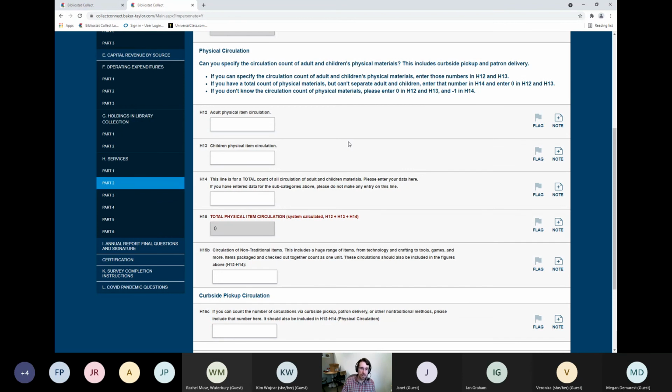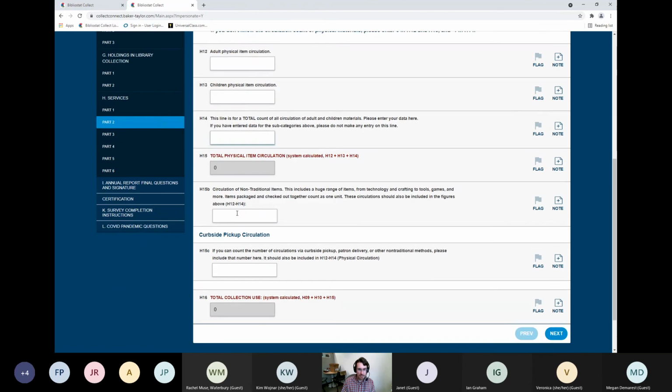This first number should include non-traditional items, and then there is a separate question down here that breaks out circulation for non-traditional items. So it's okay, you're not double counting. You want to put them both places. So if your muffin pans went out 10 times, you want that here in H15B, and then you also want to include it up here in whichever category you would put it in. So yeah, that is that.